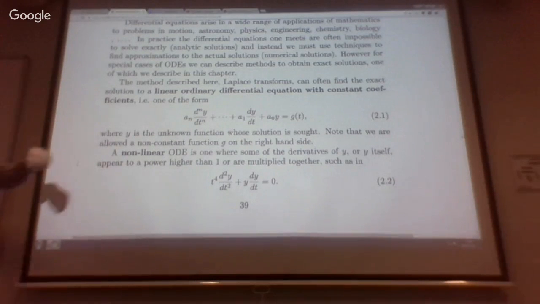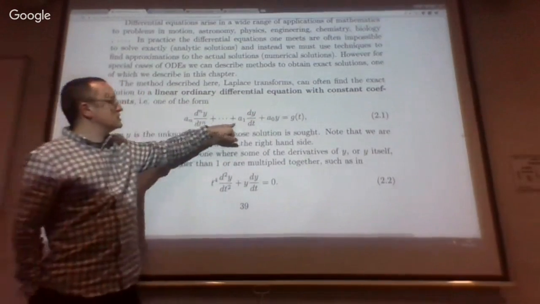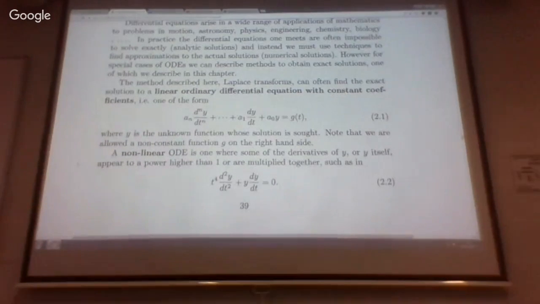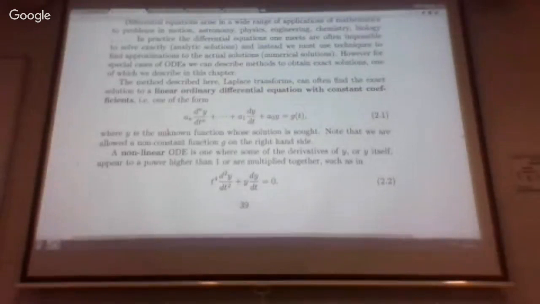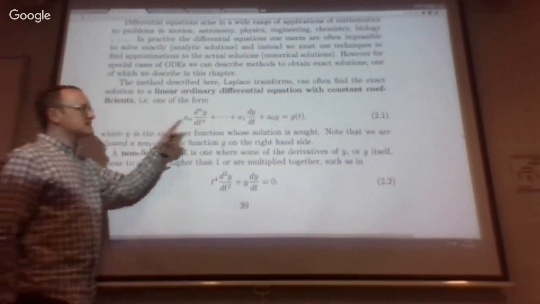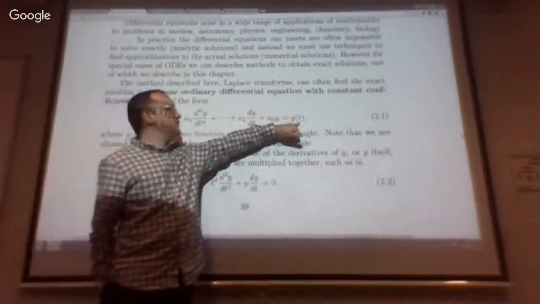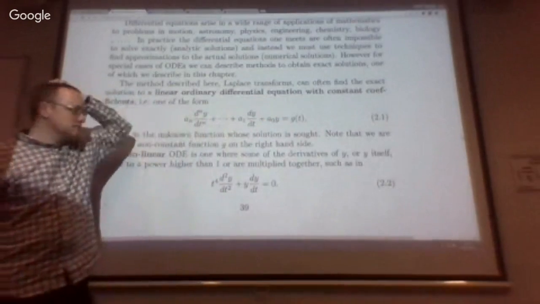Now, when we say constant coefficients, what we mean is these coefficients, a0 up to an, on the left-hand side of the equation are constants. They do not depend on the independent variable t. They're just number quantities. The exception is the constant term of the equation, the one that isn't multiplied by a y or a derivative of y.